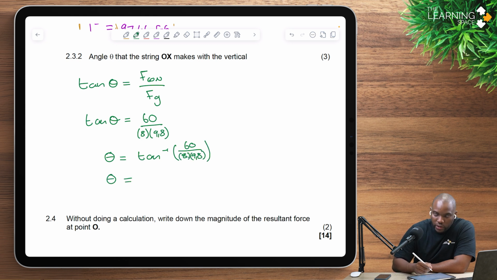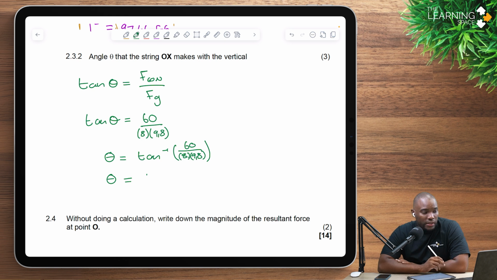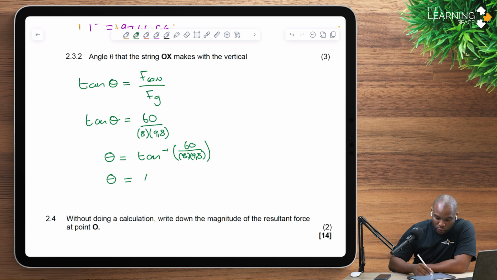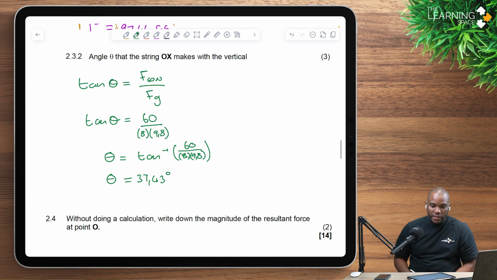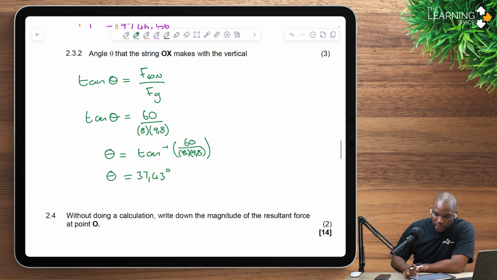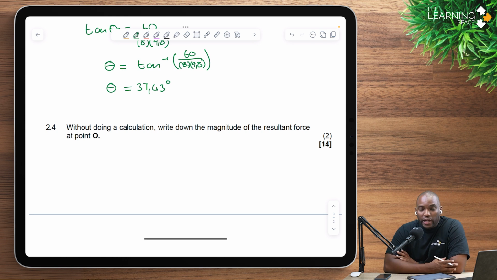Plug that into your calculator and you should find an answer of 37.43. And don't forget your units, it will be in degrees, all right? Super easy, nothing hectic. Let's look at 2.4 together.